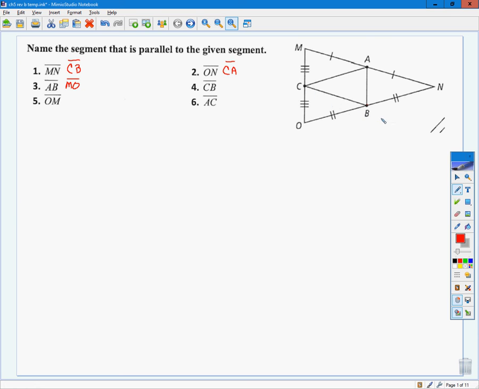CB is a midsegment, so it's parallel to that third side, MN. OM is the third side, it's parallel to the midsegment, AB. And AC is a midsegment, it's parallel to that third side, ON.